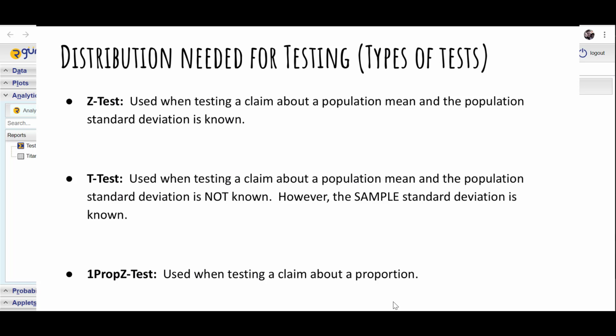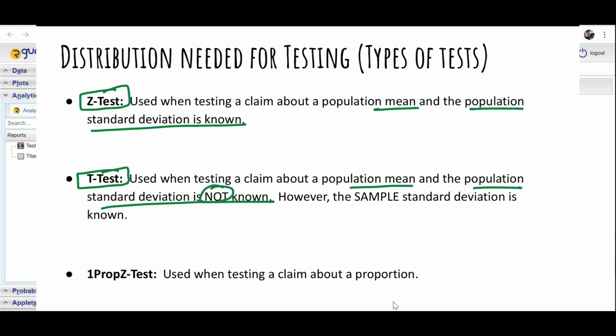Then there's a t-test. That's also when you test a claim about the population mean, but this time the population standard deviation is not known. However, the sample standard deviation is either known or you can find it.